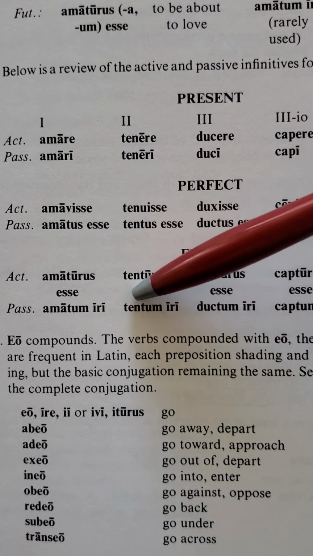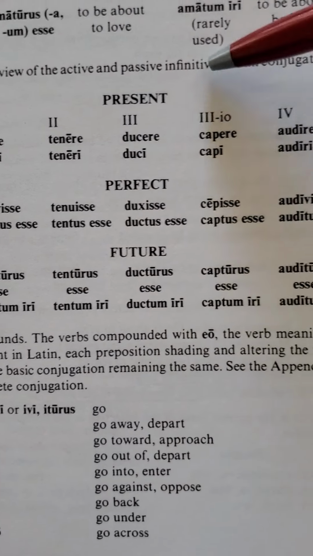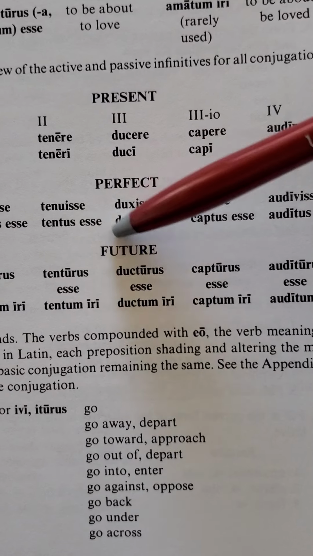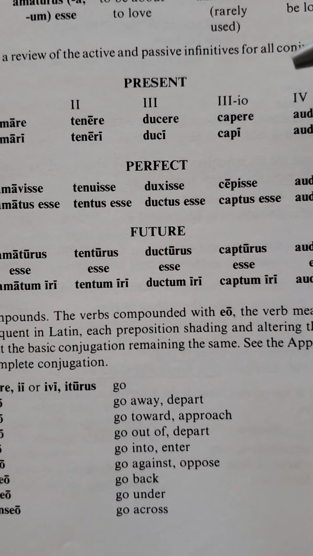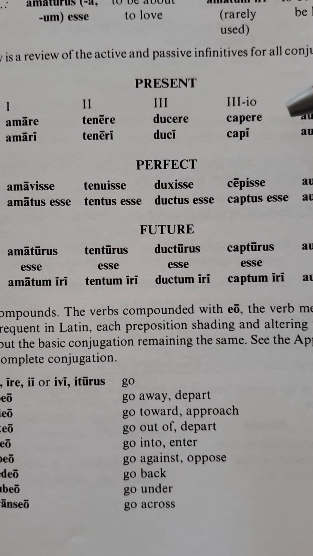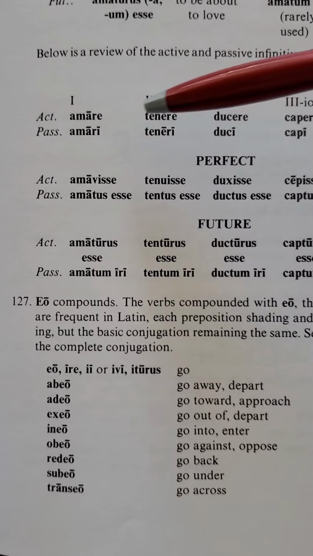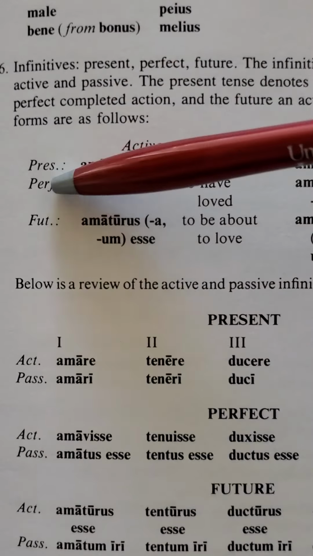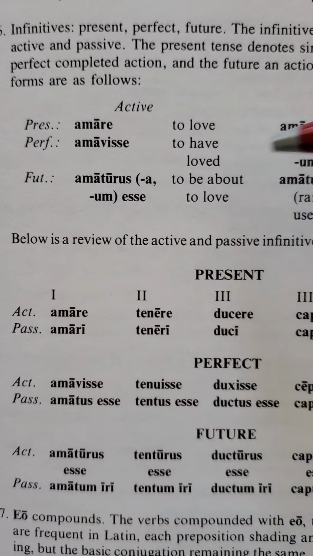That's not even that much. Okay? And so this is the third, third IO, and fourth. These are a little different just because third and third IO, when we conjugate them, are a little bit different too, but still basically the same. You're making infinitives in all these different tenses: present, active and passive, perfect, active and passive, and future active and passive.